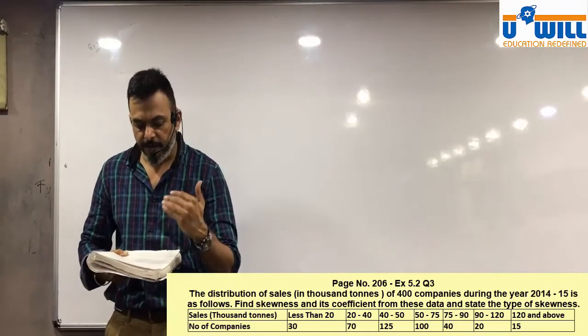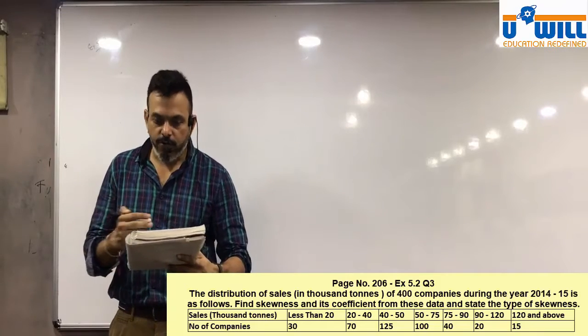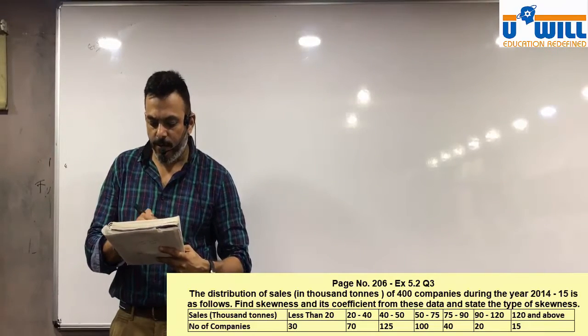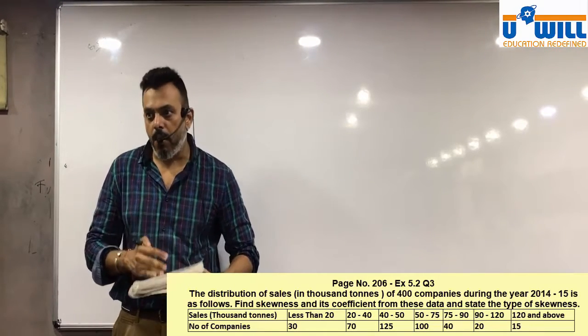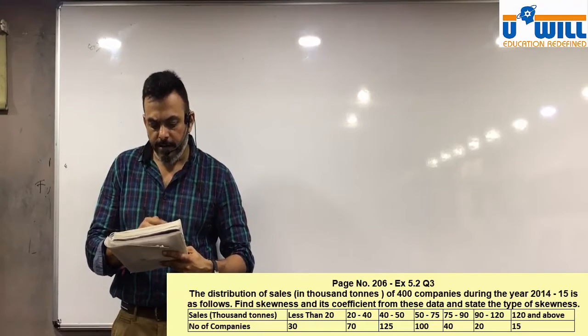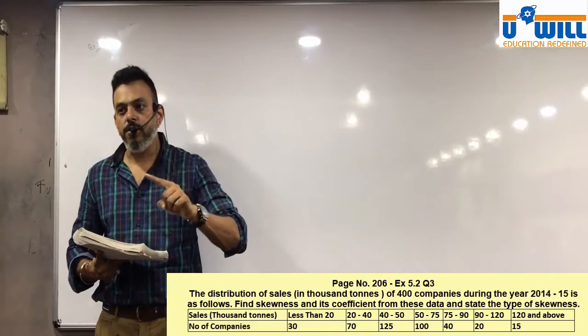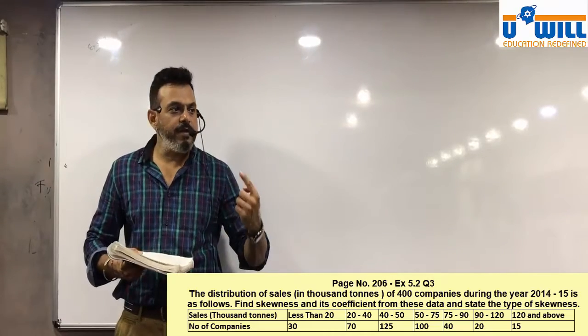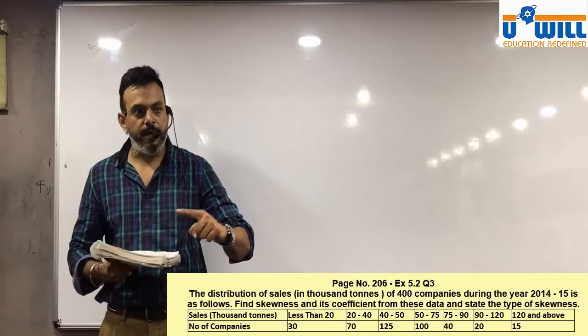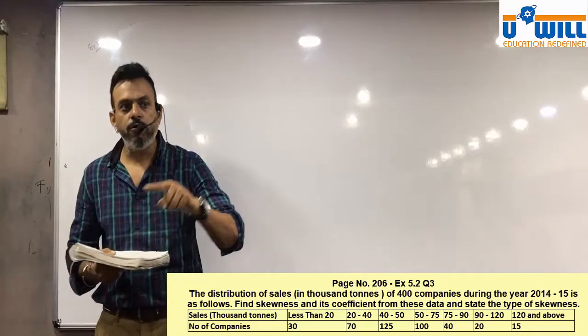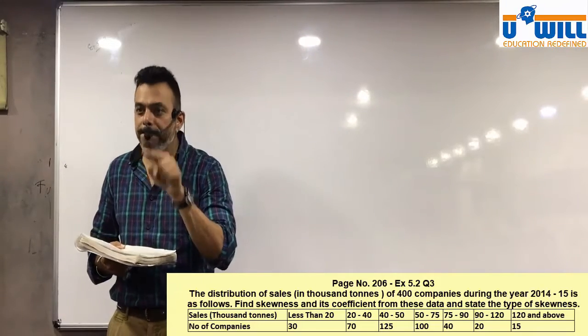But in exam, if a sum comes like this, where you have less than 20 and 120 and above, and it is stated that find skewness and its coefficient, which method will you use and why? Here we cannot use Karl Pearson because we cannot find the mid value, so we cannot find the mean.